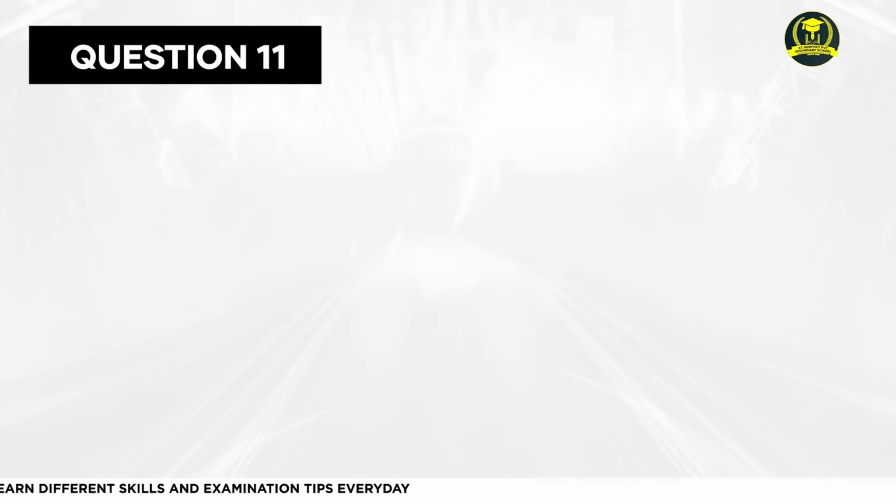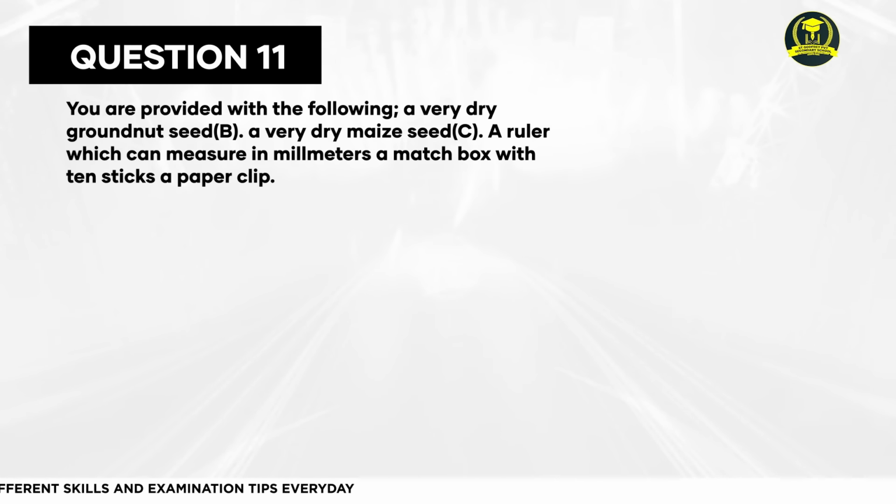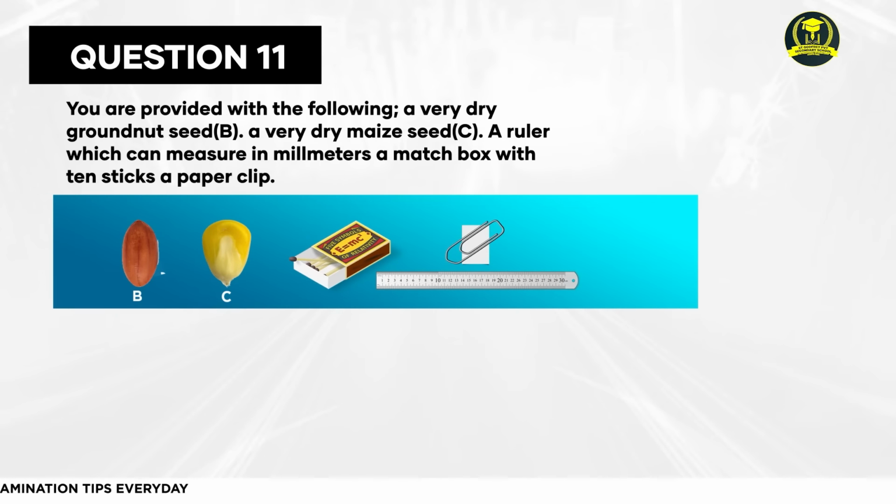Question number 11. You are provided with the following: a very dry groundnut seed labeled specimen B, a very dry maize seed labeled specimen C, a ruler which can measure in millimeters, a matchbox with 10 sticks, a paper clip.